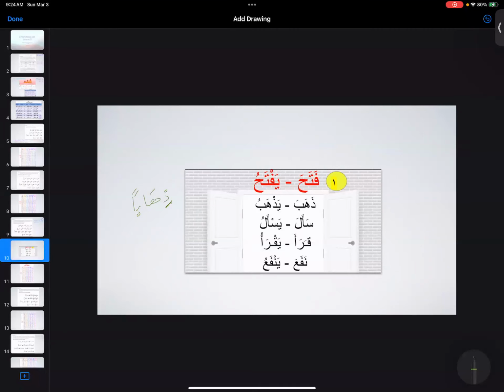Then we have sa'ala yas'alu. Anyone want to give it a try? Come on, ladies. May I try? Go ahead. Bismillahirrahmanirrahim. Sa'ala yas'alu su'alan fahuwa sa'ilun.